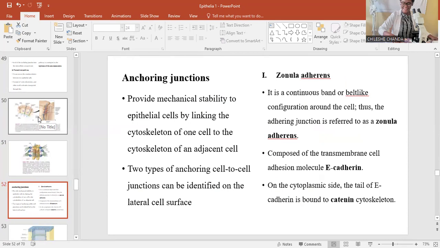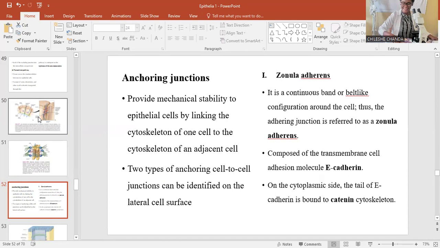And so we are saying that the lateral side of the cells will have certain junctions that either hold the cells tight to one another, or allow things to pass through, or disallow things to pass through, or hold these cells to the basement membrane.